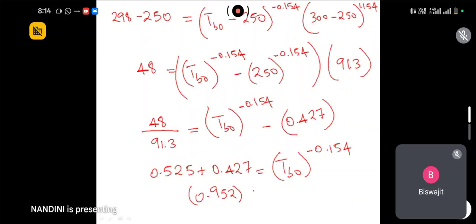So if you raise to 1 divided by 0.154, how much are you getting? Final answer.